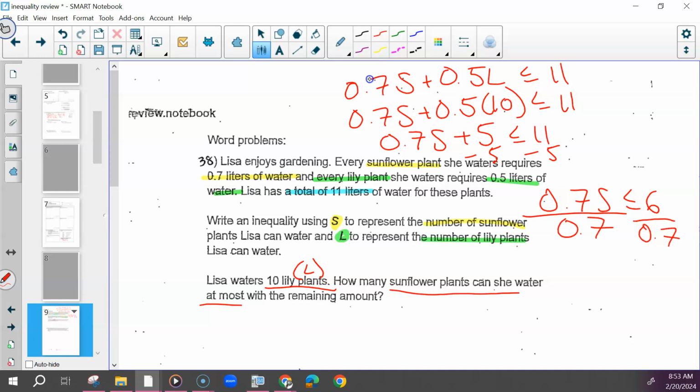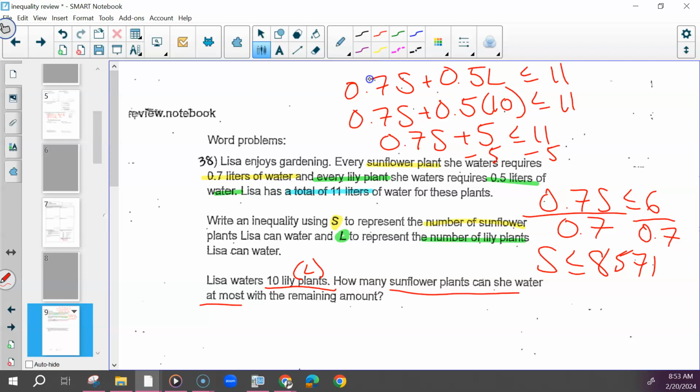When we divide both sides by 0.7, what do we get? And because we can't water 0.571 of a plant, we either have to round up or down.